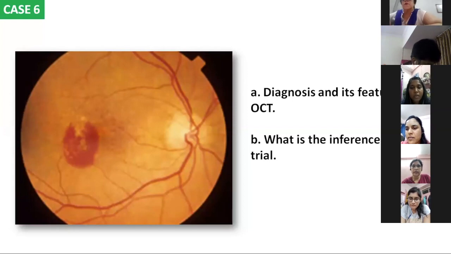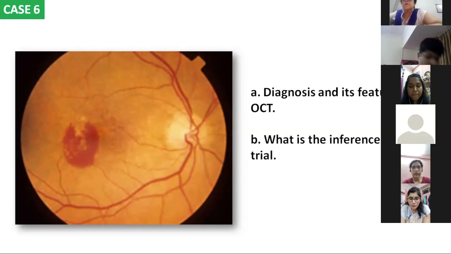The inference is there is no significant difference between bevacizumab and Lucentis. That is the inference from the CAT trial. Okay. The second question is correct. First, she answered partially.